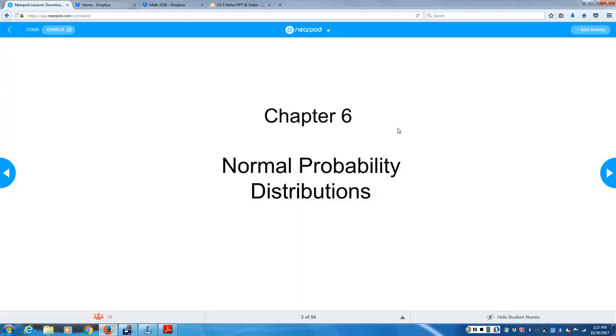What we're going to talk about in Chapter 6 is something called normal probability distributions. This is not in the notes, but I'm going to try to lead you from Chapter 5 into Chapter 6. Chapter 5 was about discrete probability distributions, which means that the random variable can be counted.